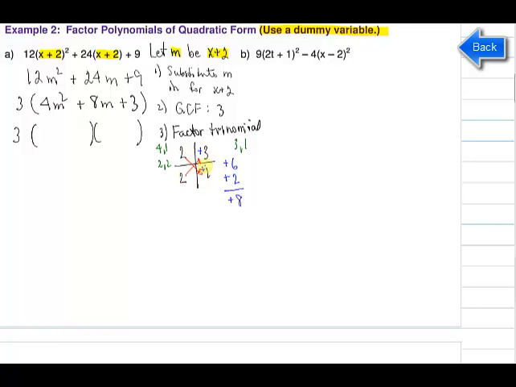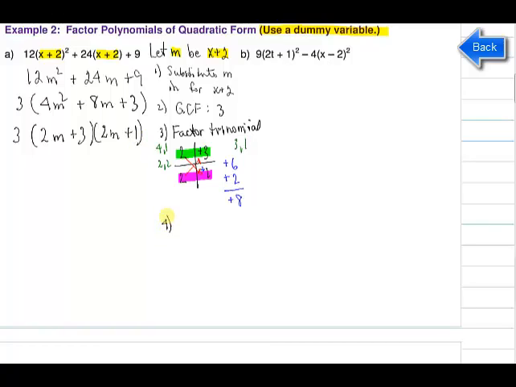And my 1 will be positive. 2 times 1 will give me 2. Just a reminder that the first row goes into the first bracket, or the second, it doesn't matter. And the second row will go into the second bracket. So I'm going to write 2m plus 3 and 2m plus 1.